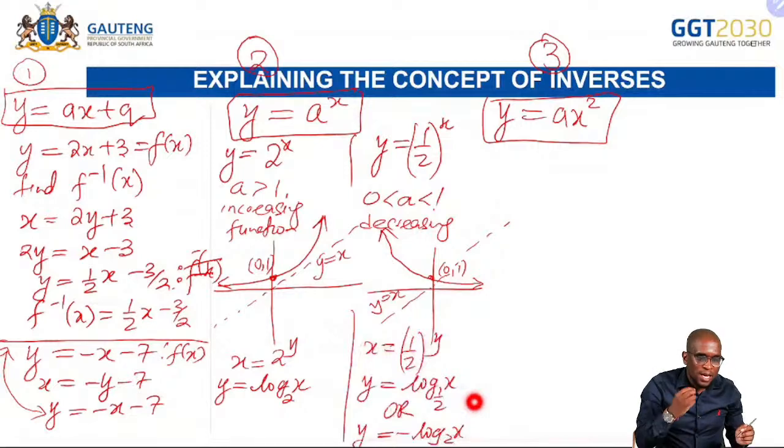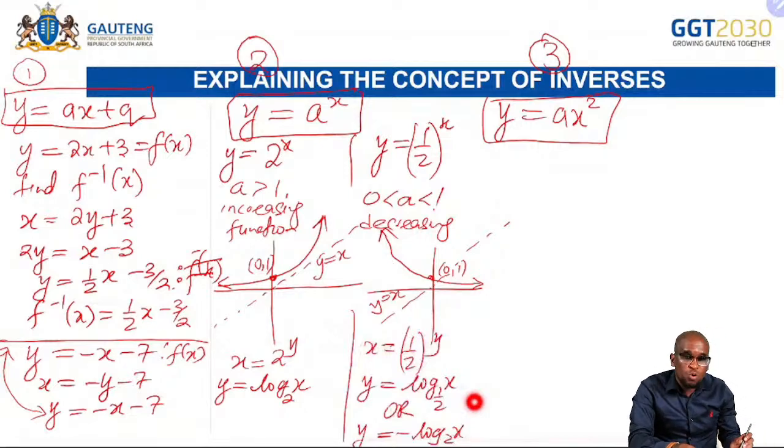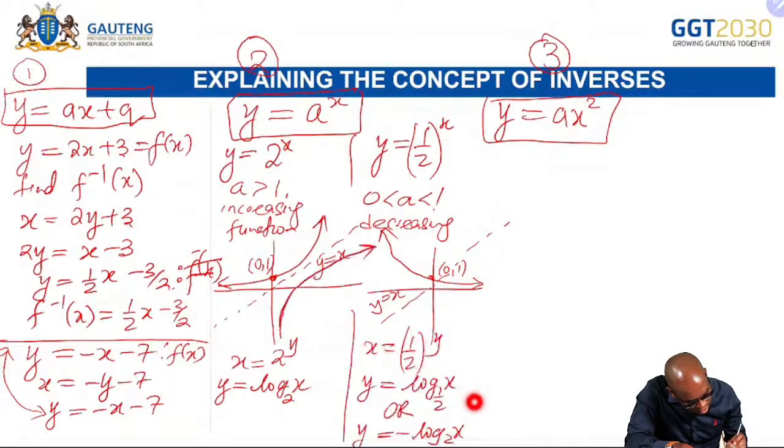That is how you can interchange x and y and get the equation of the inverse, which is a logarithmic function. Obviously here, if we are to sketch the inverse, if we reflect this graph along this line, this is the graph that we are going to get. Now the point 0,1 becomes the point 1,0. If we reflect this one, the reflection of this graph here would be a graph that looks like this.